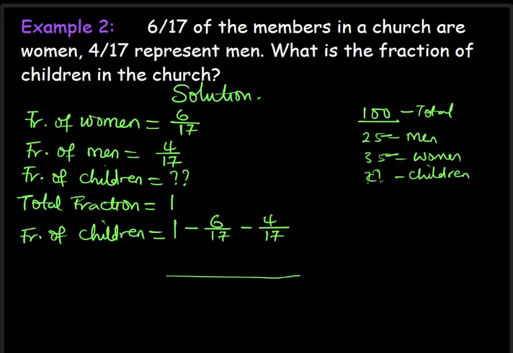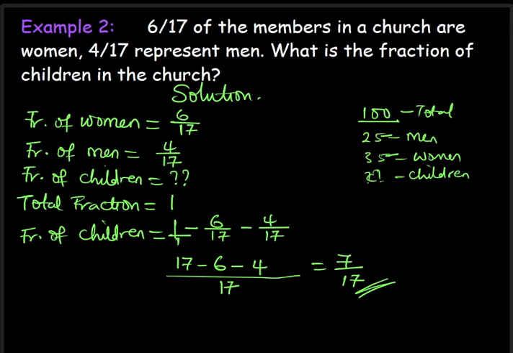Of course, this is 1 all over 1. So our 17 will be here. So 1 into 17, 17 times 1, 17 minus 6 minus 4. And this will give us 7 all over 17. So this is the fraction for children.